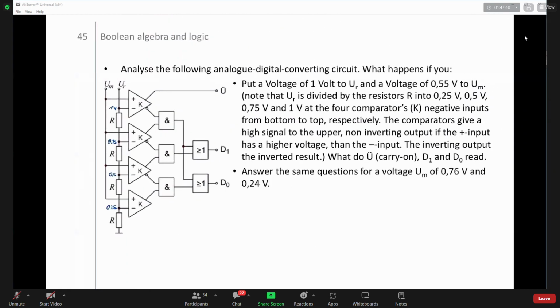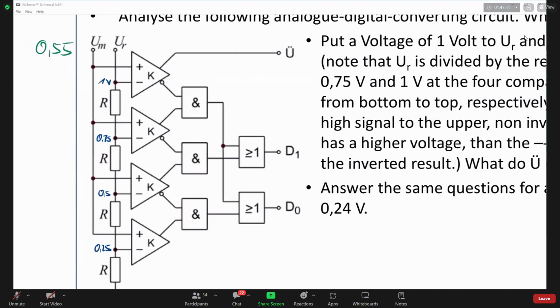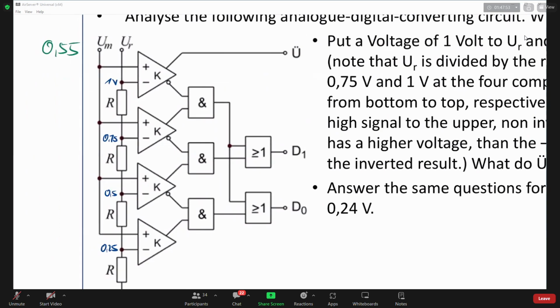And now you have at the input 0.55. And you have again the comparator. So 0.55 is not larger than 1 volt. Therefore, that path is becoming true. 0.55 is not larger than 0.75. Therefore, that path is becoming true.